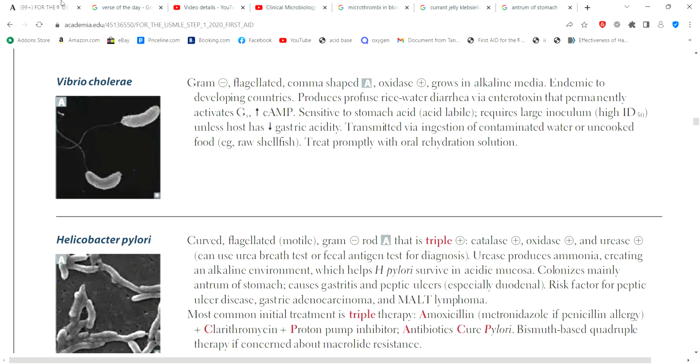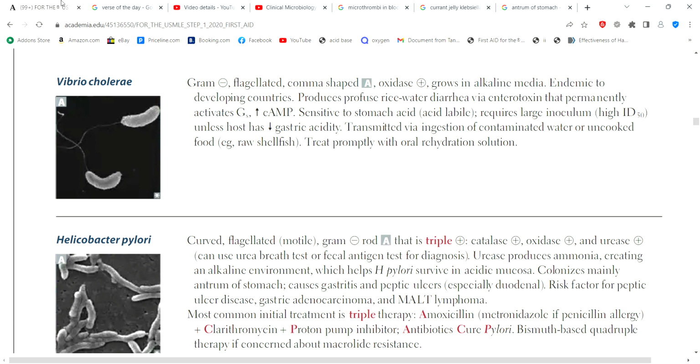That's what acid labile means, and you need a huge amount of Vibrio cholera. It requires a large inoculum of Vibrio cholera to infect 50% of the population. So you need a large amount of it, unless the host has decreased gastric acidity.